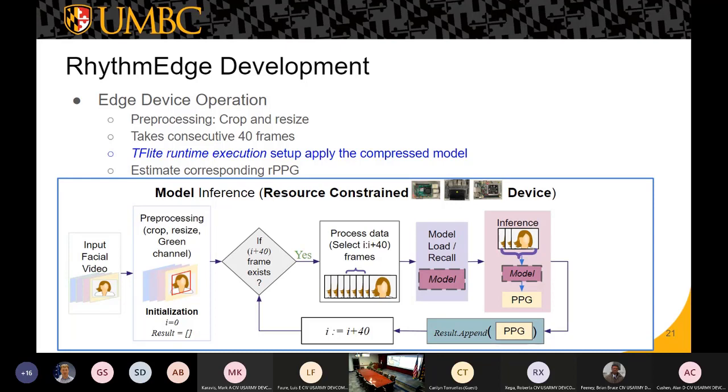Since the video is coming, in 1.33 seconds it gets some video and tries to extract from it, and by the next 1.33 seconds, it will get another set of frames and continuously extract. So the 40 frames is a design choice and engineering selection to facilitate these operations inside these edge devices.